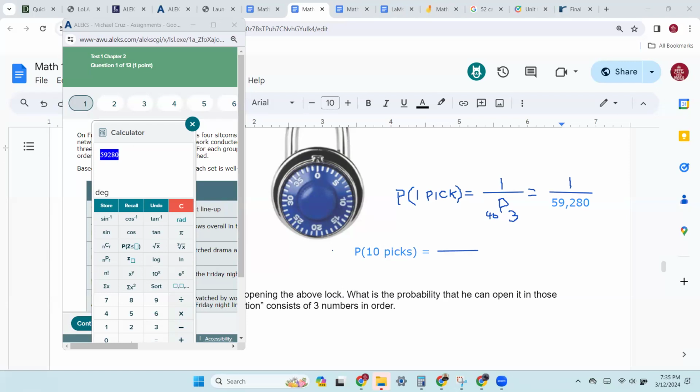We're going to put that P down there. So now what's going up here is a 10. We could also do the same thing by multiplying this times 10.